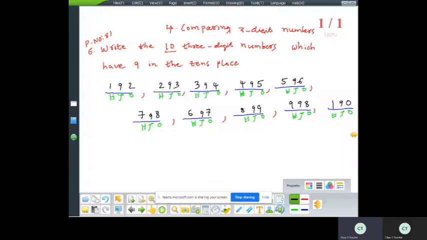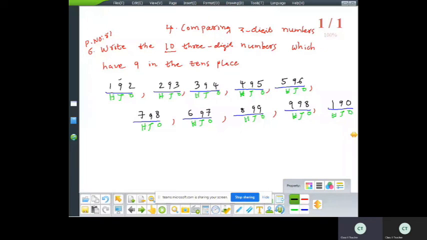These are 10 numbers which are found with 3 digits. The condition is the digit 9 in the 10th place. Okay, these are our required numbers. These are 10 3-digit numbers with the condition the digit 9 in the 10th place.